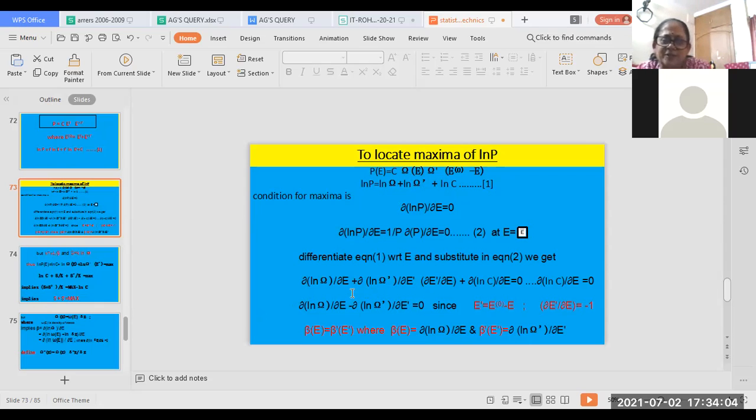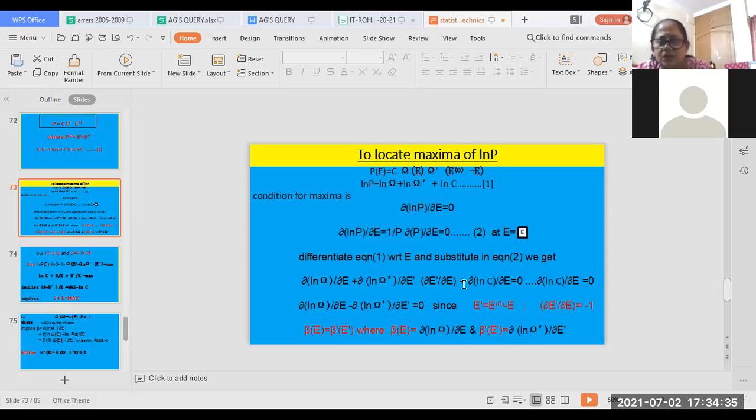So if I differentiate with respect to E, the value becomes 0. I don't want that. So I will differentiate the second term first with respect to E dash. Then I will multiply it by another differential coefficient, dou E dash divided by dou E. Anyhow, dou E dash and dou E dash will get cancelled. So what is left out is dou of ln of omega dash divided by dou E. So nothing has changed. It remains the same.